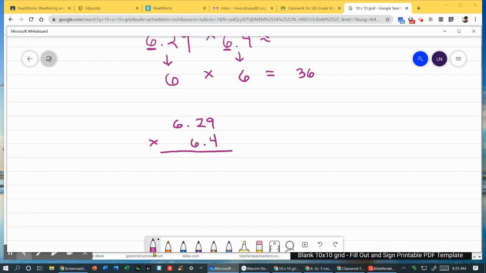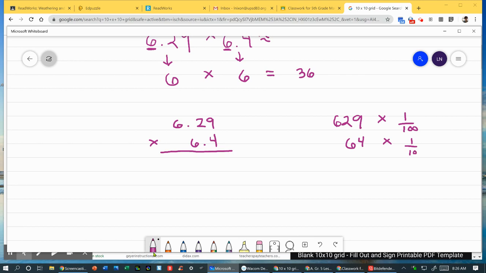Now, just a little reminder, what are we dealing with here? We are dealing with 6 and 29 hundredths. That is the same as 629 times 1/100. What are we dealing with our second factor? That's right, 6 and 4/10, which would be the same as 64 times 1/10.